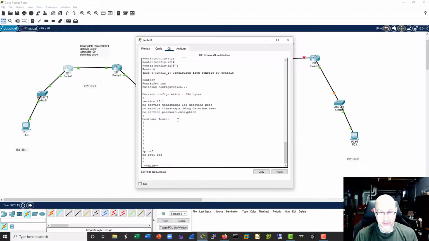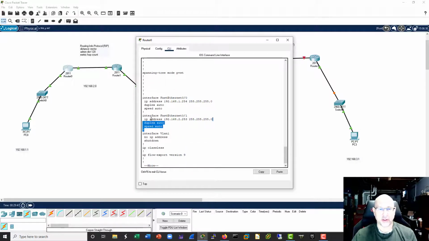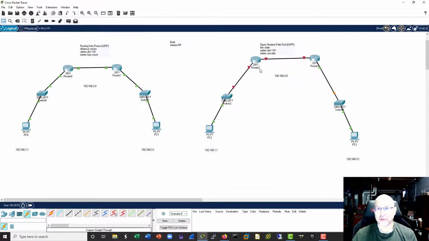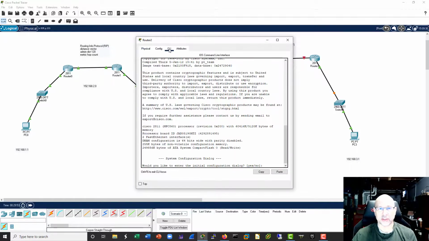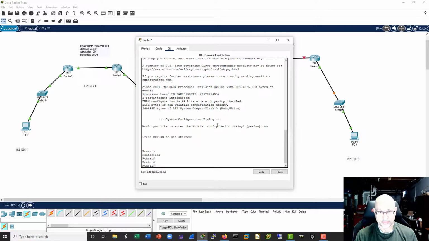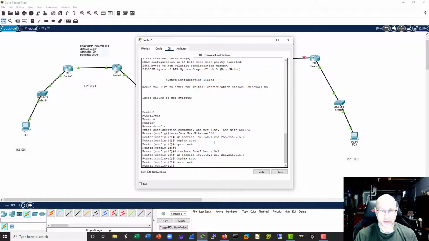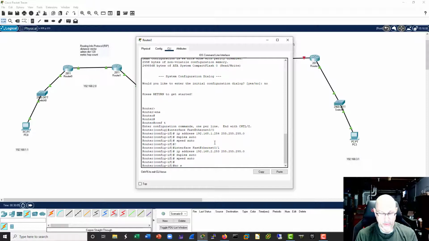Now it's not as big a deal with this small topology, but if I had a larger, more complex topology, and I just didn't want to do it again, same thing works. But remember that you got to be at the config prompt. We'll do that, and we'll do no shut.